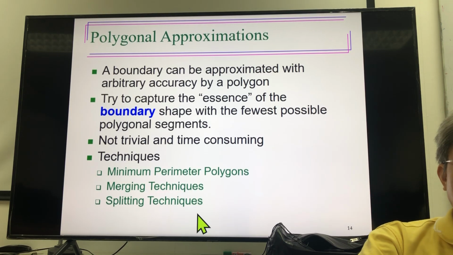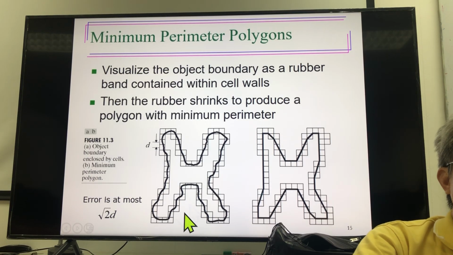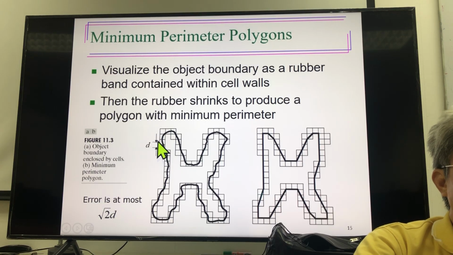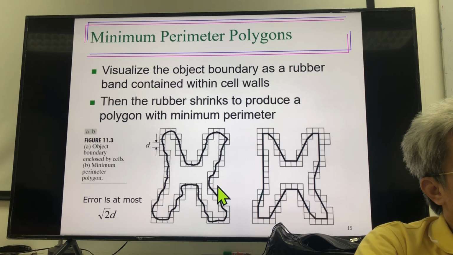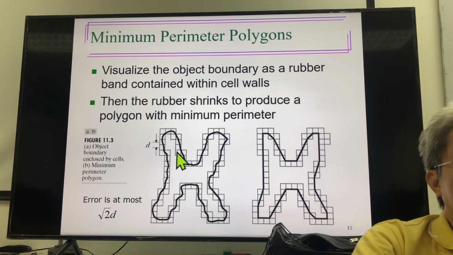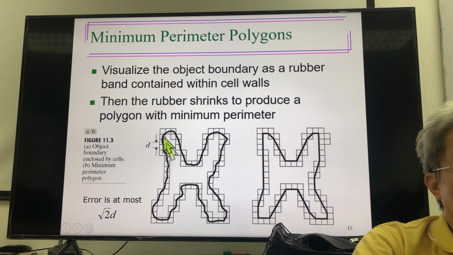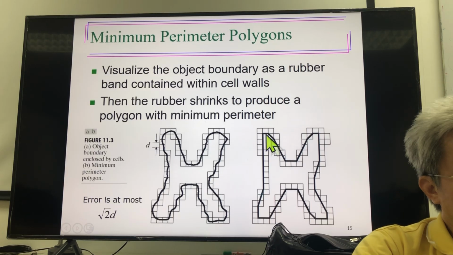The minimum perimeter polygon means if you've got a shape like this, you put it into a grid of distance d. And then you think of this boundary as an elastic, a rubber band, and this elastic boundary will shrink itself onto the grid.